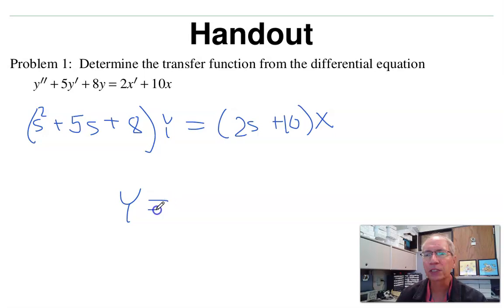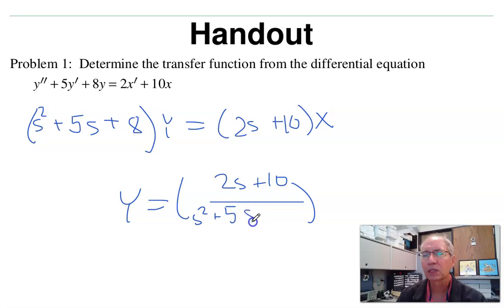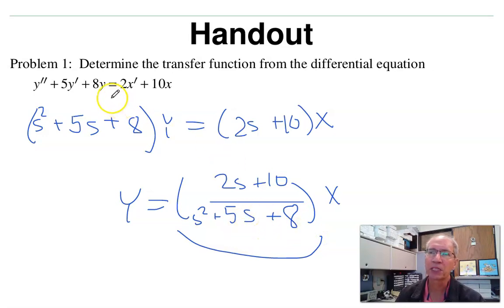So the transfer function: the numerator is 2s plus 10. Denominator is s squared plus 5s plus 8. That's the transfer function from x to y. It represents the differential equation.